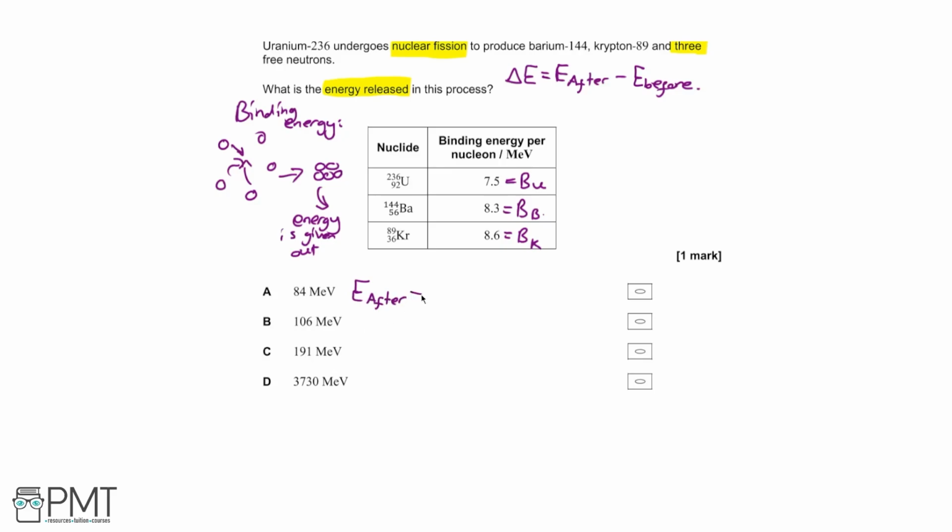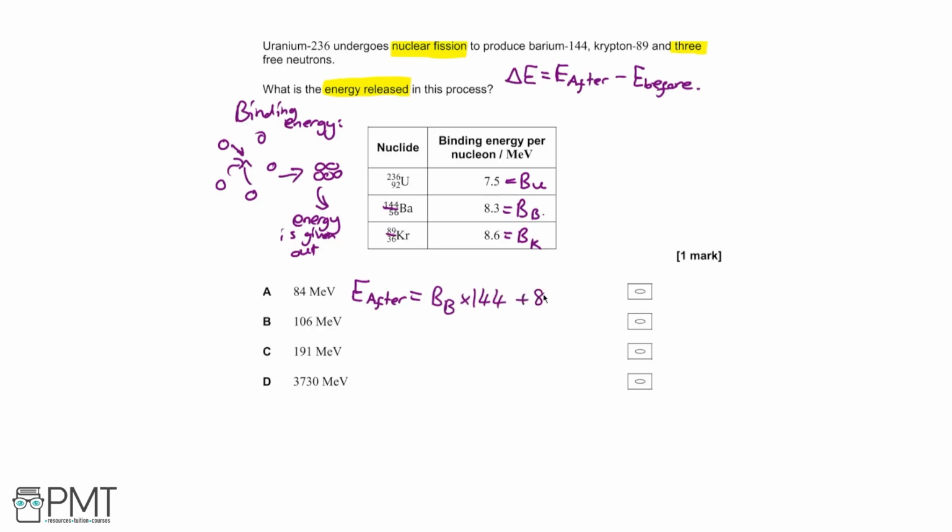So firstly, for the energy after, we can use the fact that we have 144 nucleons in the barium nucleus, which gives us 8.3, which is B_B, times 144. And then in the krypton nucleus, we have 89 nucleons.